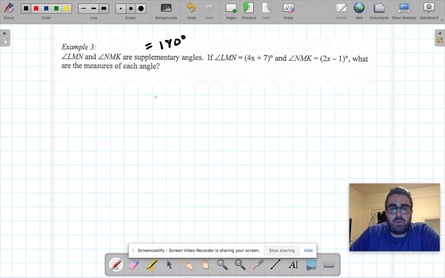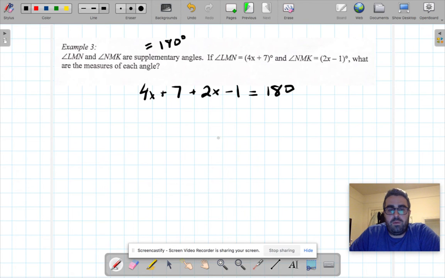So I can set up an equation. I know that one piece is 4x plus 7, and the other is 2x minus 1. And I know that the sum is 180 degrees. So I have my equation. Now I just have to do some algebra to solve.